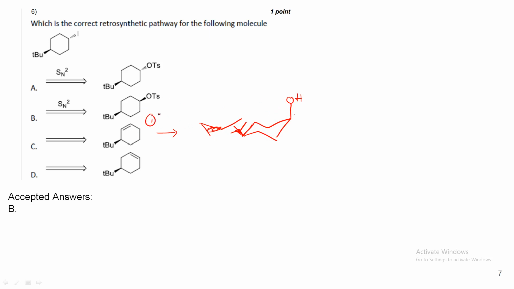First SeO2 based allylic oxidation, followed by hydrogen palladium based double bond reduction. This double bond can be reduced.